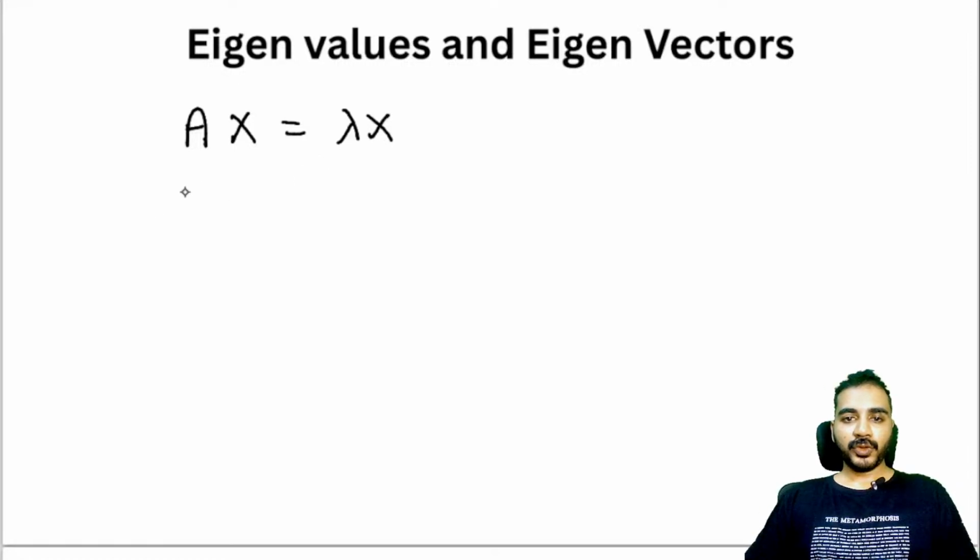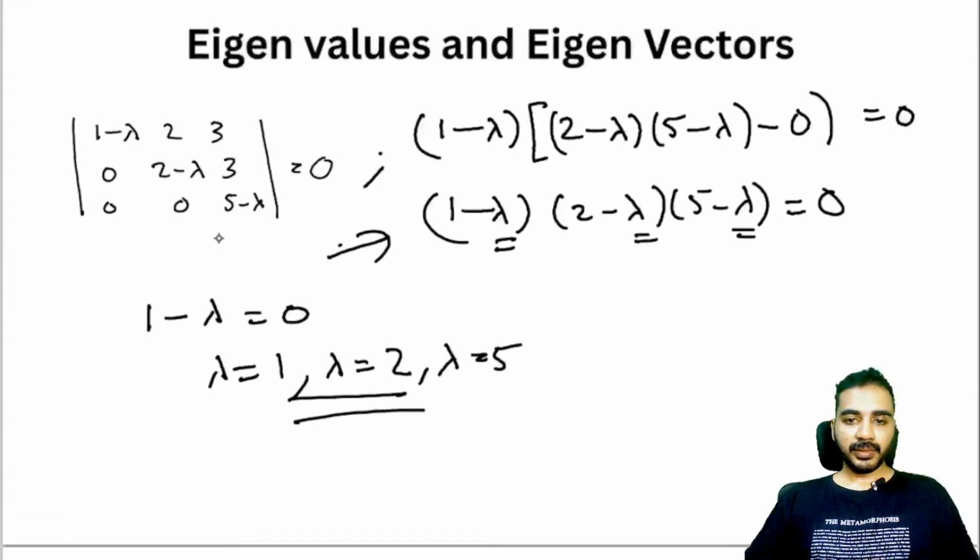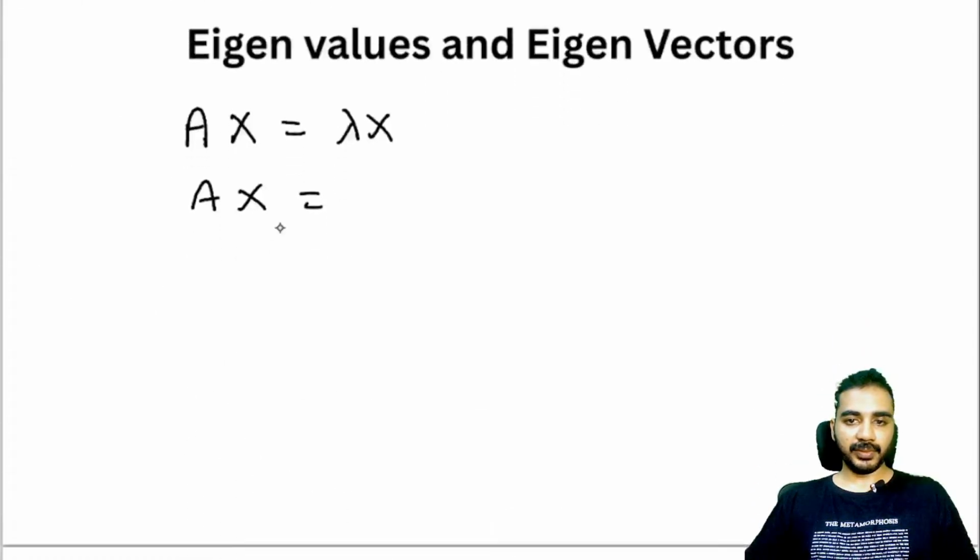For the first case, we are taking lambda equal to 1. I'm doing only one example here; the other values are not going to be discussed, just one example.